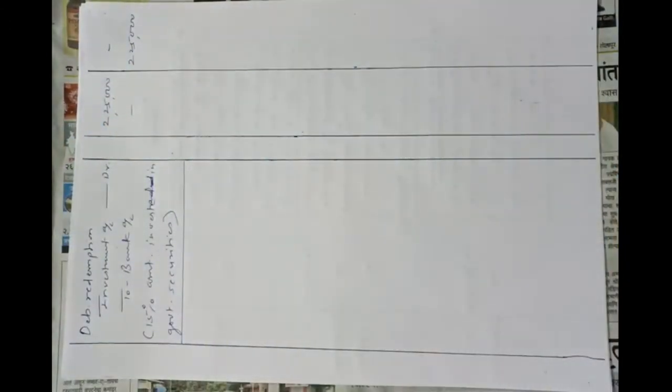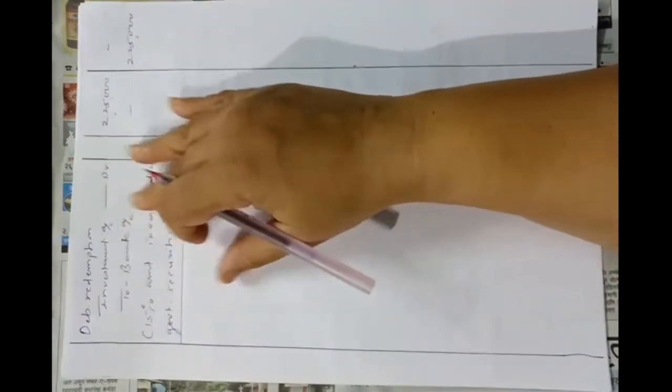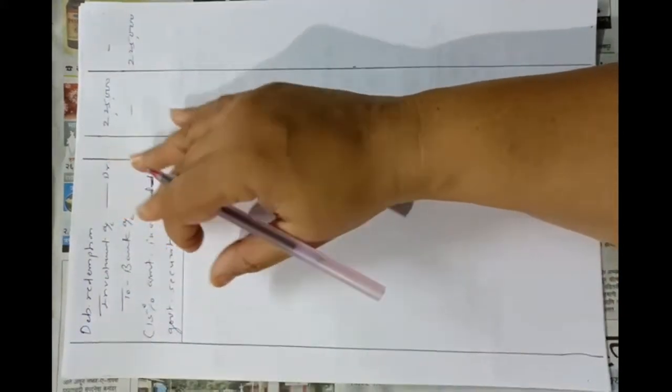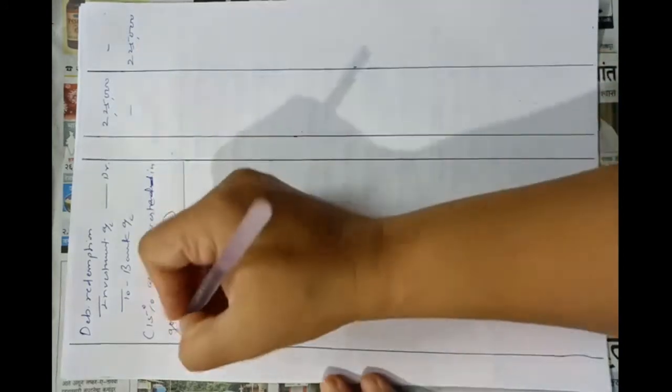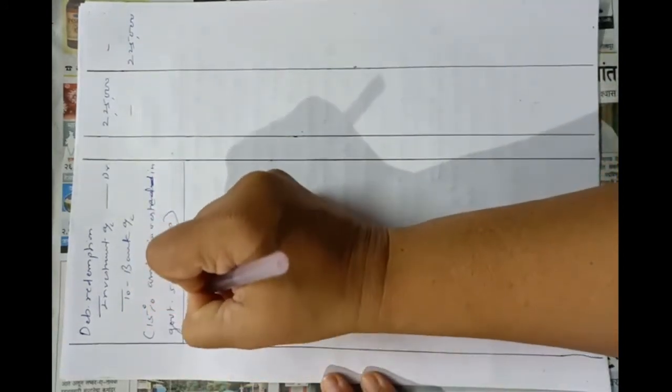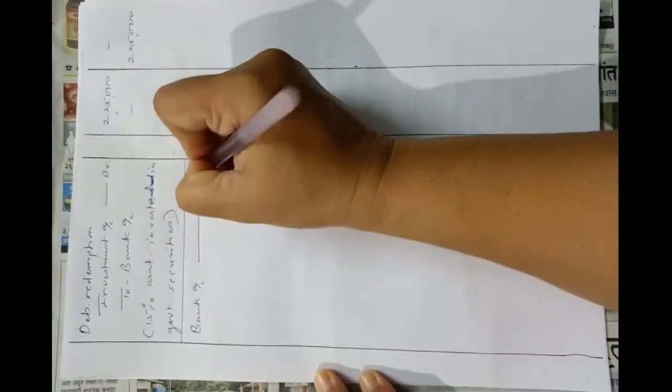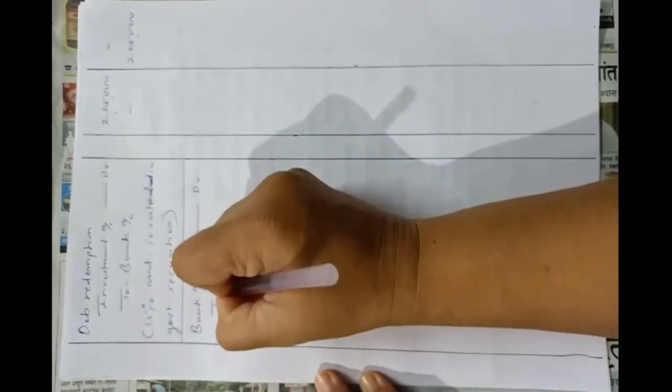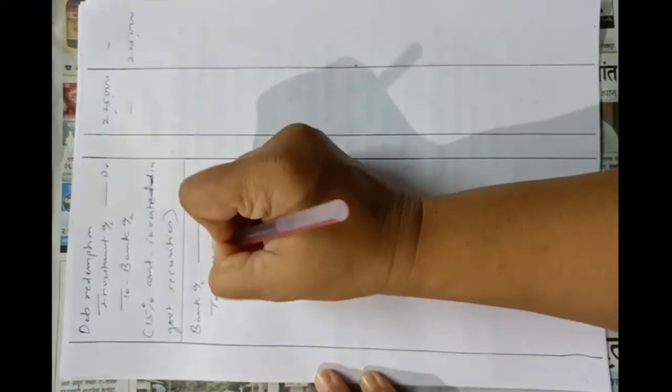Now, at the date of redemption of debentures, on the day of redemption of debentures, first entry will be that this investment will be encashed, or this investment will be sold. Okay, so next entry will be bank account debit to debenture redemption investment account.